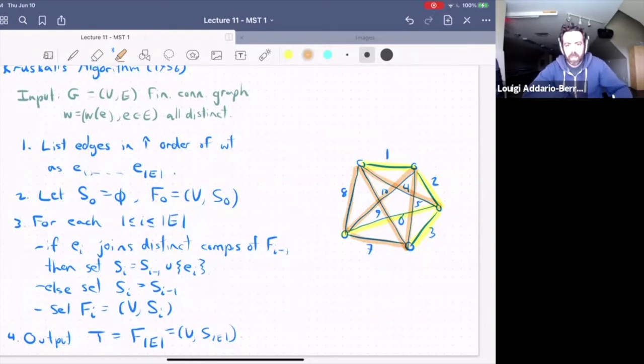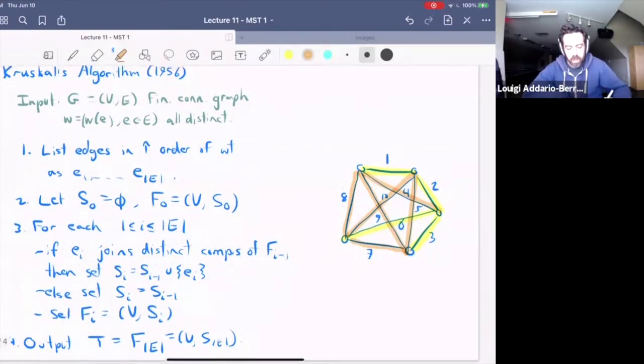Right. So let's argue that the process really does build the minimum spanning tree.